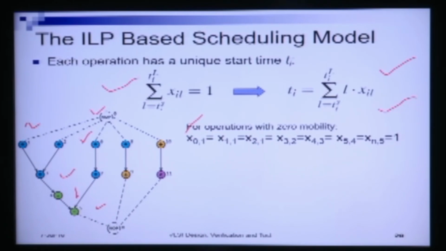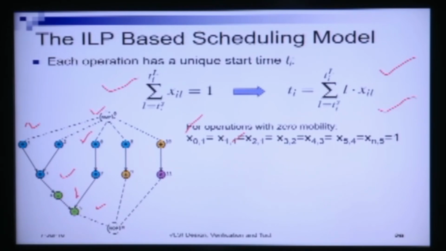We are seeing that x01, which tells me that the 0th operation in time step 1, should be 1. x11 tells me that the first operation in time step 1 should only be 1. For any other time step it should not be 1.